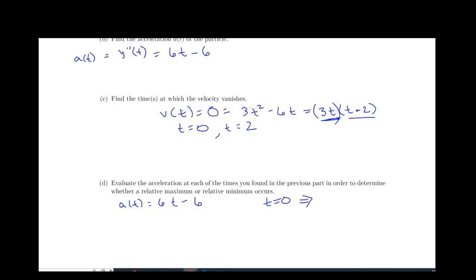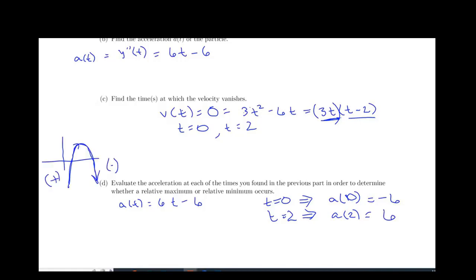When t equals 0, a of 0 equals negative 6. And when t equals 2, I have a of 2, which equals 6 times 2, which is 12 minus 6, which is positive 6.